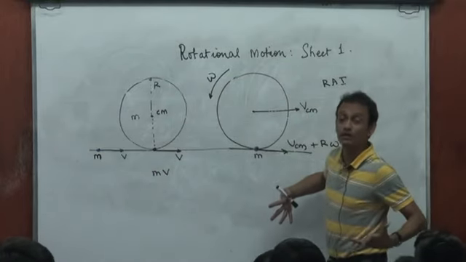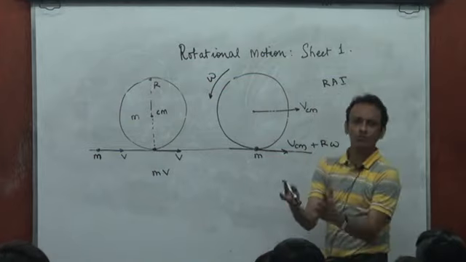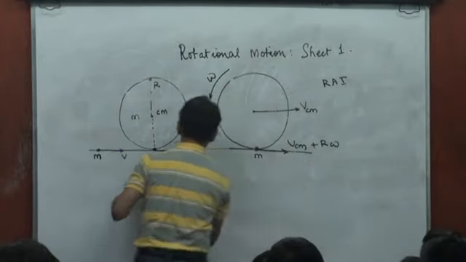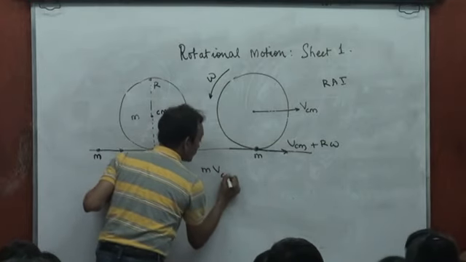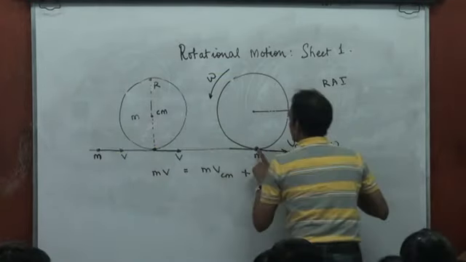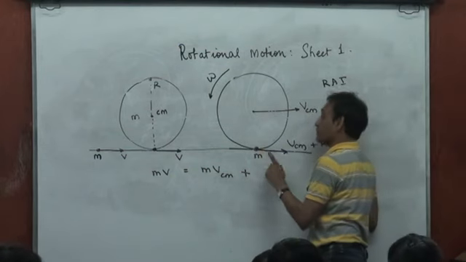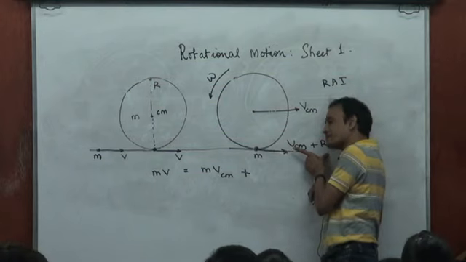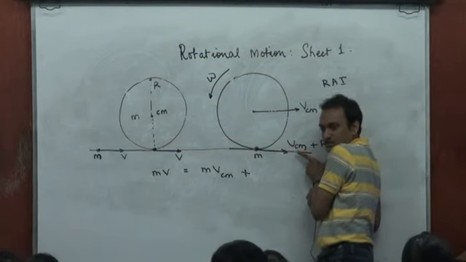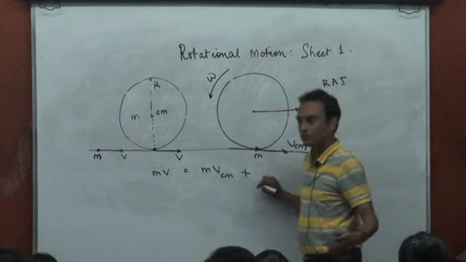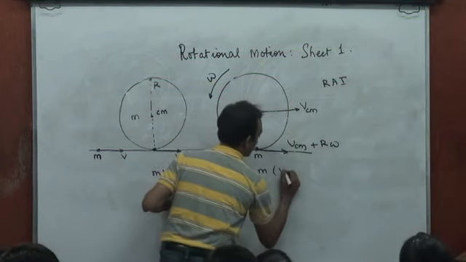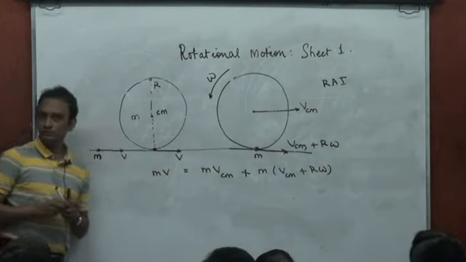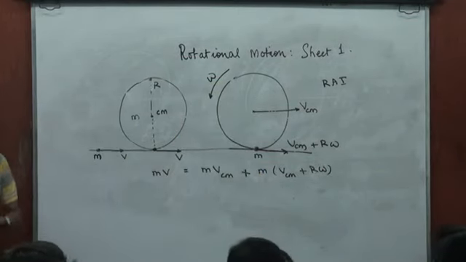The VCM is a representative of the total linear momentum for a collection of particles. For the hoop alone, it's mVCM. Now, for the bullet, which has become integral with the hoop, the linear momentum horizontally is going to be m into VCM plus r omega, yes or no, right? Clear?